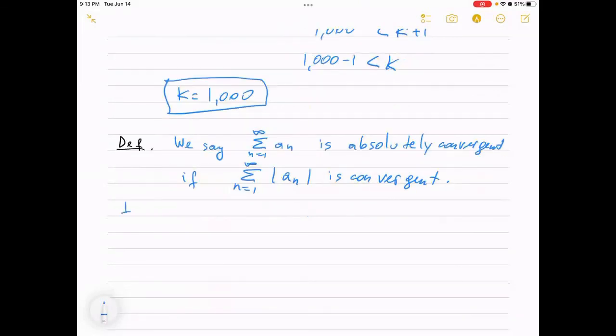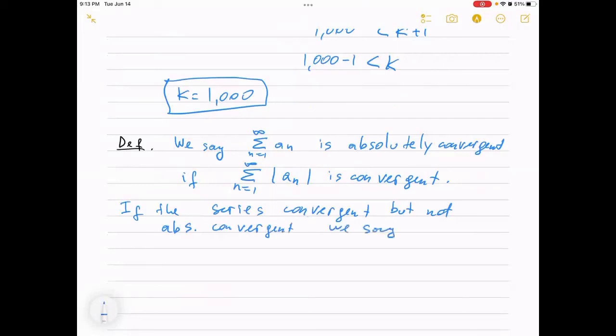If this is convergent but not absolutely convergent, we say it is conditionally convergent.